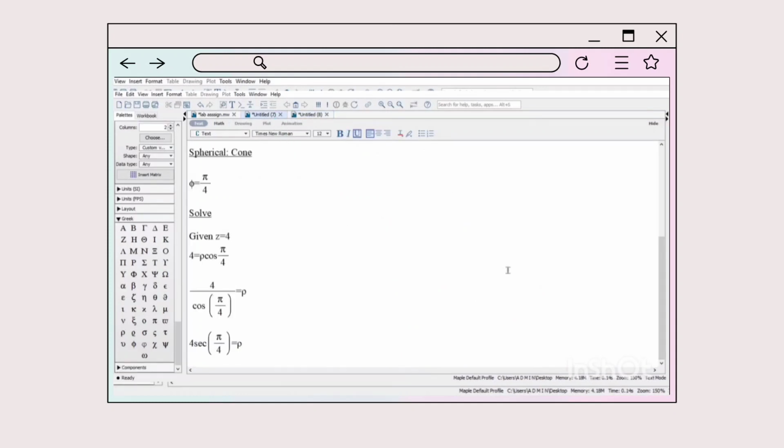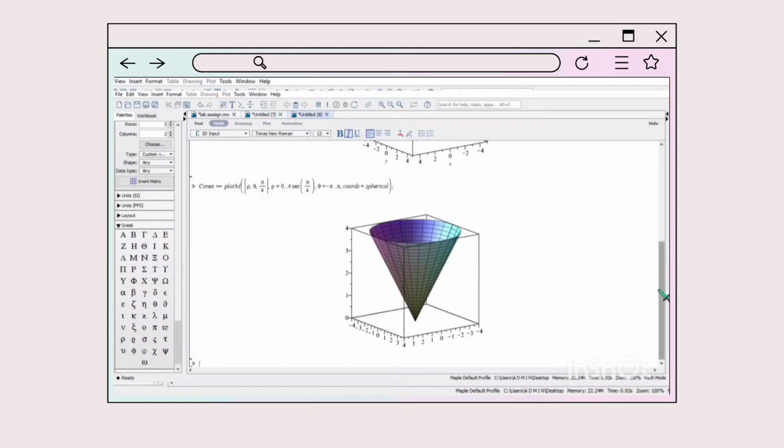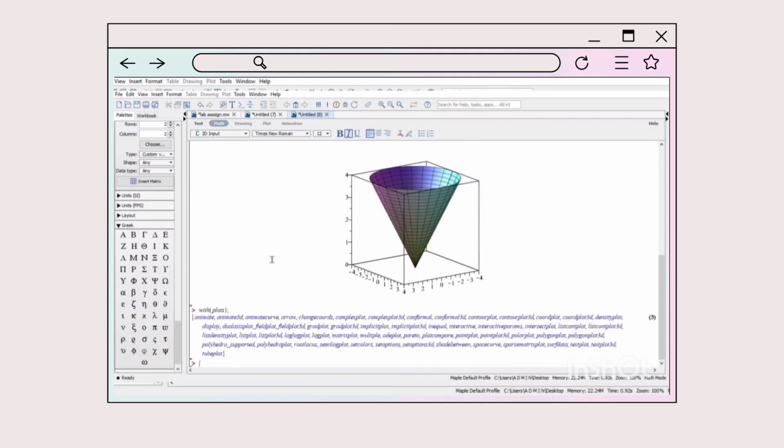Next we will plot the plane z equal to 4. First we need to write with(plots); and then click enter. I will rename my plane as planes, because as I said earlier, it will make it easier to call later.